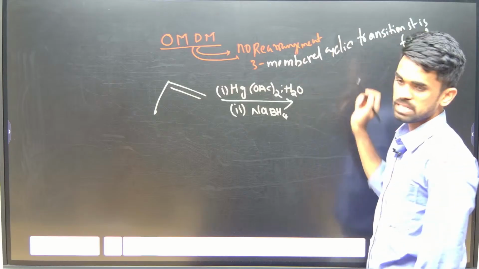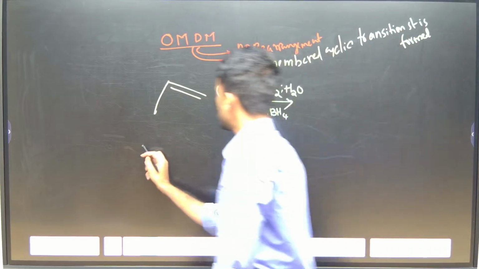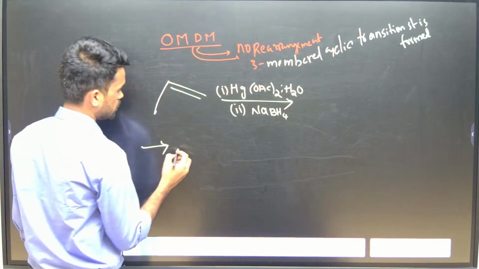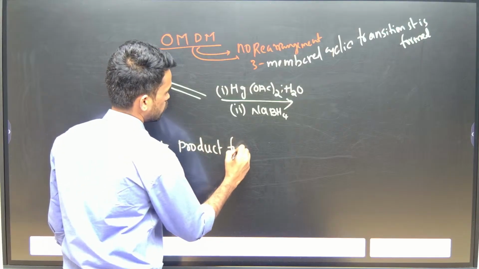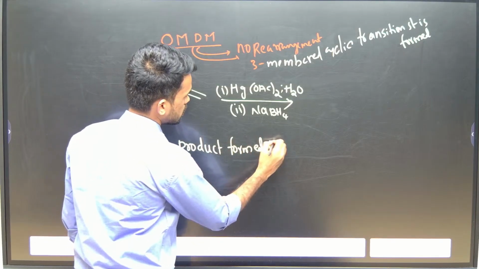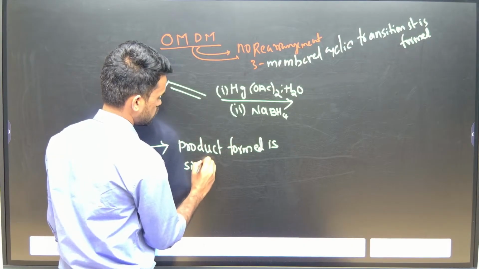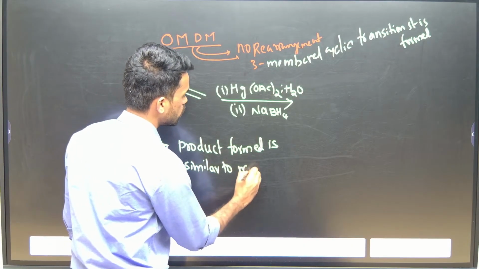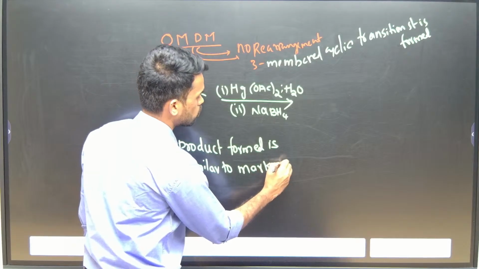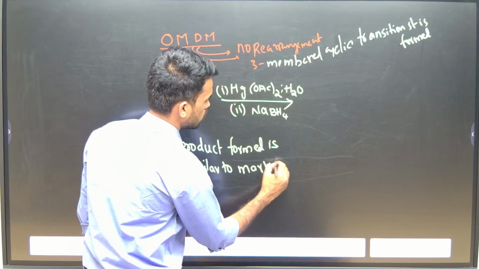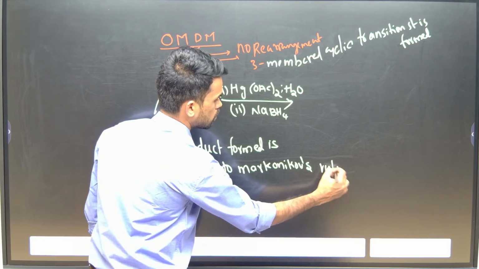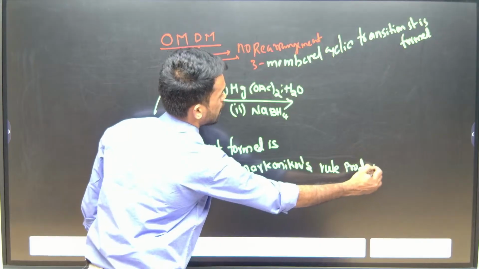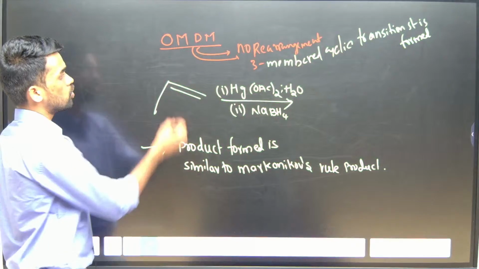What is that? A three-membered cyclic transition state is formed, and the product formed is similar to the Markovnikov addition product. The product formed is having what type of addition? Markovnikov addition. So that is what the OM-DM reaction will give.